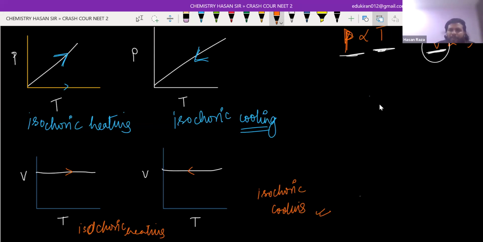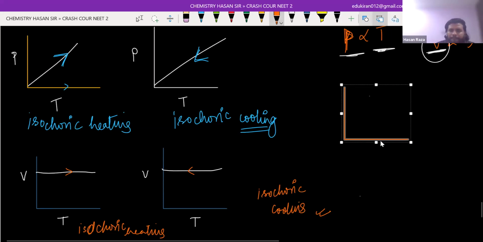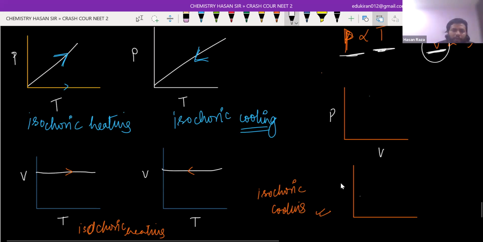Now another graph I'm going to give you here. This is a graph between P versus V. You need to draw it for isochoric.